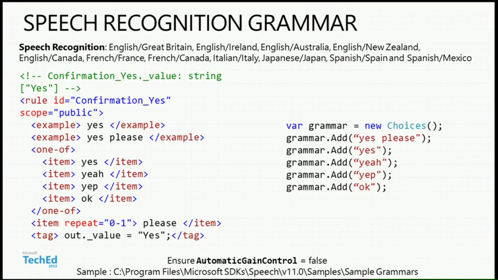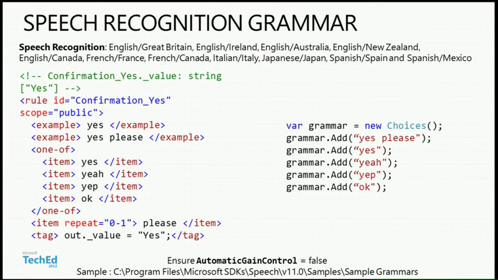This is the easy way to do it. You create a new grammar, add the words that you want, and then you're good to go. You hook up to the events, and there are code samples for that. You can start getting more complex as you move from experimenting to app-ready and enterprise-ready. You also have the ability of bringing it in from an XML file, and that's what that looks like over there, with rule equals ID confirmation.